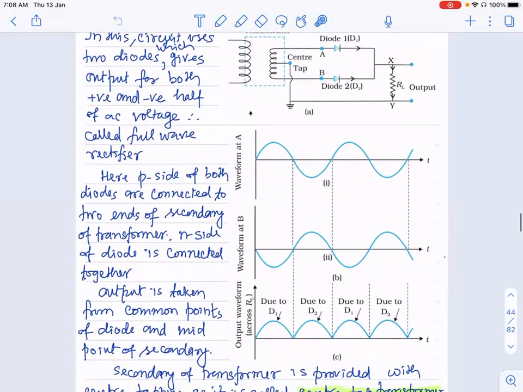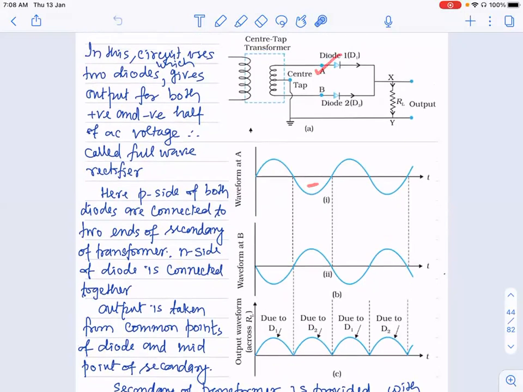And second case में when negative half is at A, then you can see positive half is at B. Now B will be at forward bias. यहाँ से supply आगे चली जाएगी. So this will be due to that point B where D2 is connected. तो D2 से मिलेगी. फिर यहाँ पे D1 से ये पॉजिटिव है देखिए. फिर यहाँ पे ये पॉजिटिव है D2 से मिलेगी.